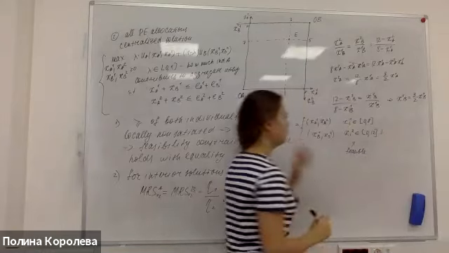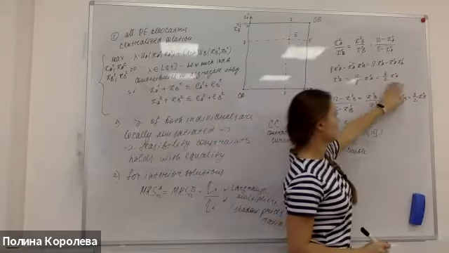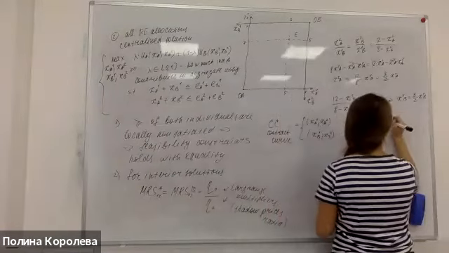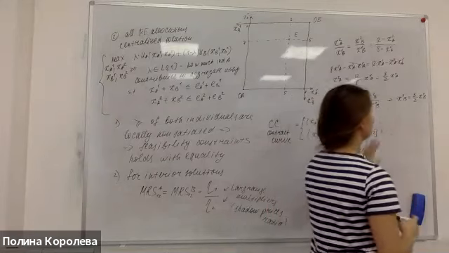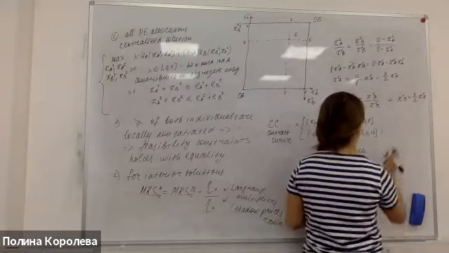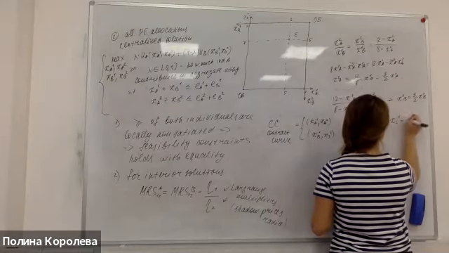And all Pareto efficient allocations lie on this line. We should write down the expression for both individuals on the same curve. So this will be xi1 is equal to 3 divided by 2 xi2.